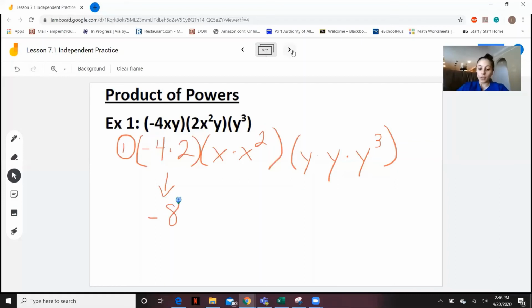For our x terms, we have x to the 1, because any variable that doesn't have an exponent, the exponent is actually invisible. It's a 1. So we have x to the 1 being multiplied by x to the 2, so we just add them: x to the 1 plus 2.